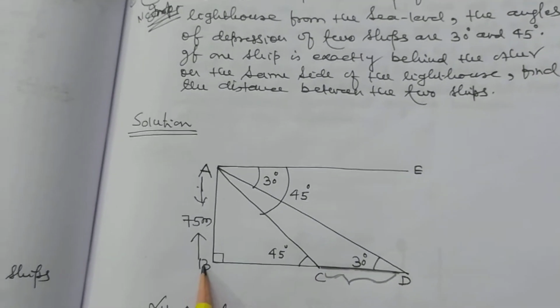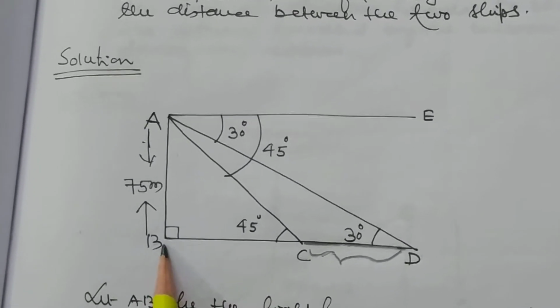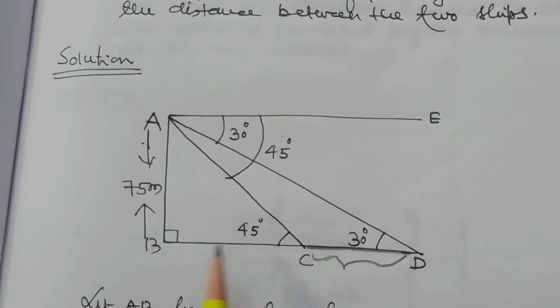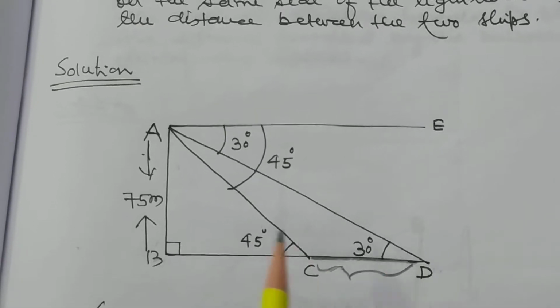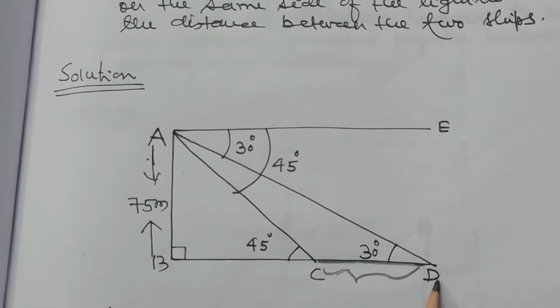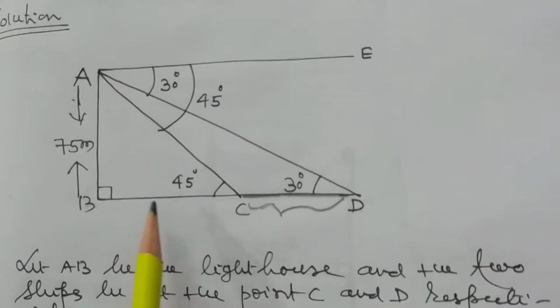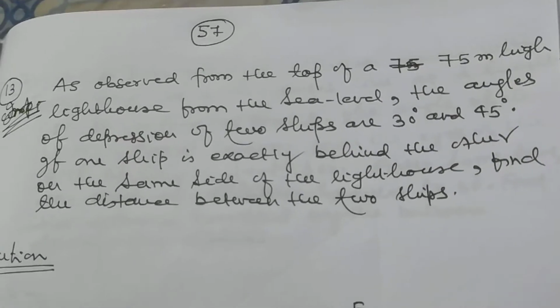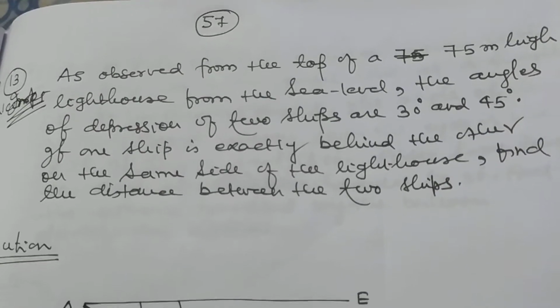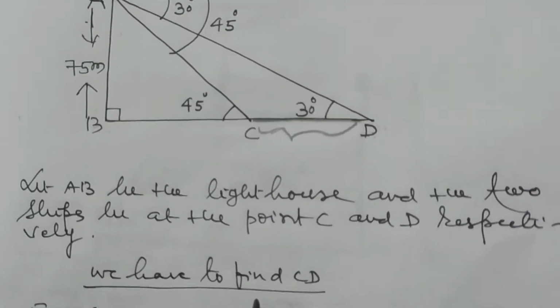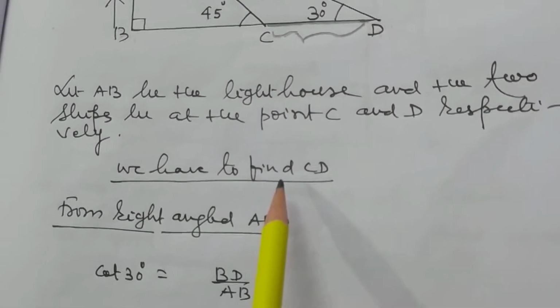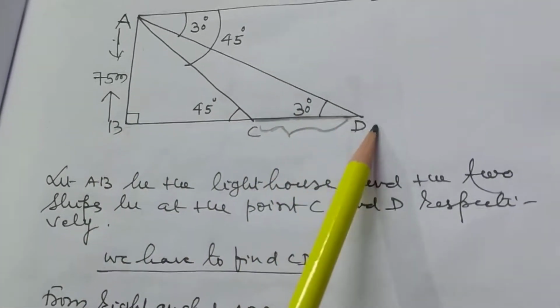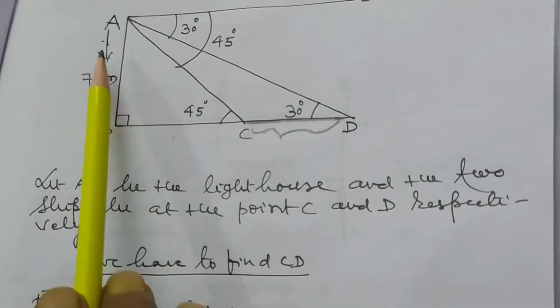So CD can be determined by determining the distance BD from right angle triangle ABD and distance BC from right angle triangle ABC. My dear students, we want CD. तो CD के लिए क्या चाहिए? BD minus BC. BD कहाँ मिलेगा?